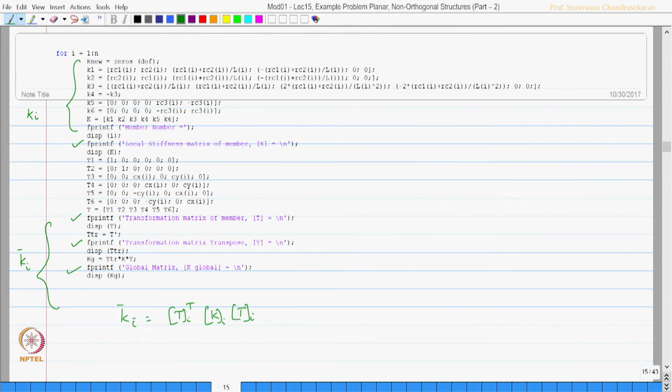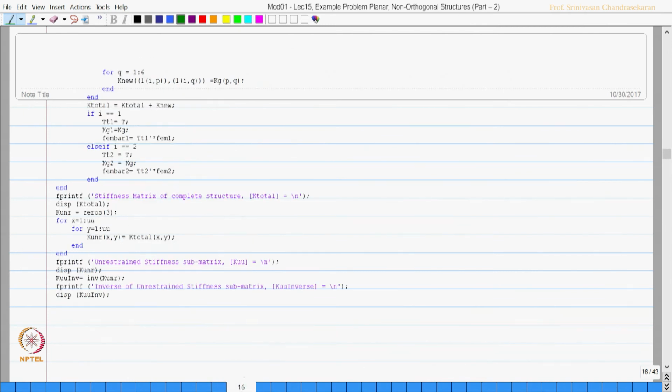We got K bar i of each member. Once I get that, we compute the FEM bar and find the stiffness matrix of the total structure, pick out the unrestrained stiffness matrix and get the inverse. That is, we got K UU bar and we got K UU bar inverse.